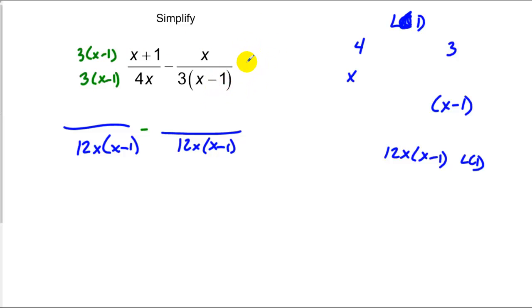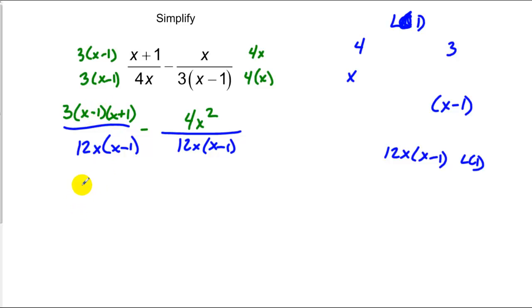And then in the next term, I'm missing a 4 and an x. So in this term, I have 3 times x minus 1, x plus 1. Next term, I have 4x squared.